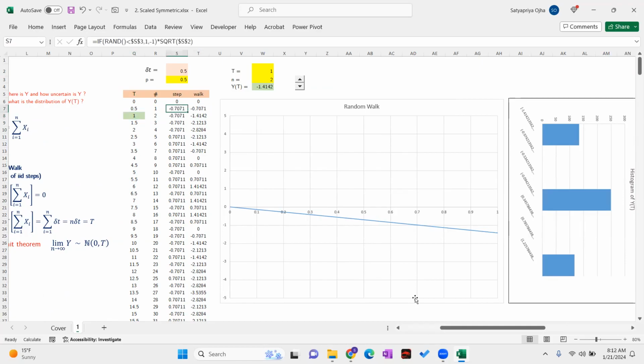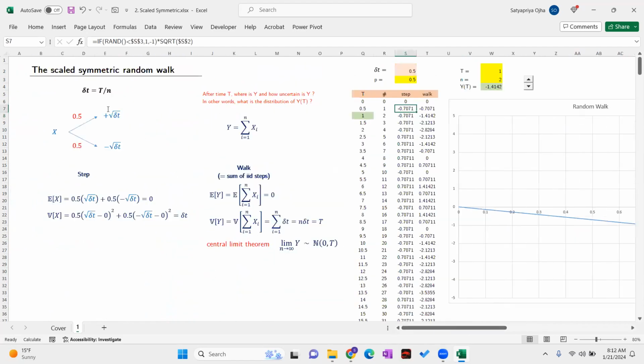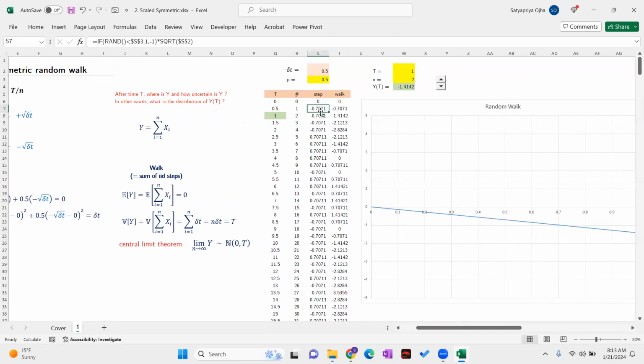Now my step size has become, what is delta T first of all? Delta T is 1 divided by 2, right? Square root of delta T is 1 divided by square root of 2. 1 by square root of 2 is a number that you should remember. It is 0.707. Remember that will be helpful. So in one step, you can take this value, plus this or minus this.